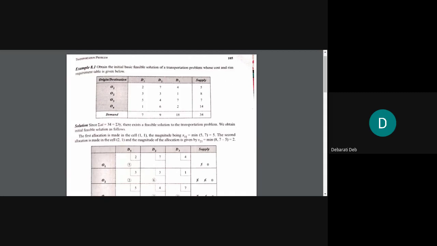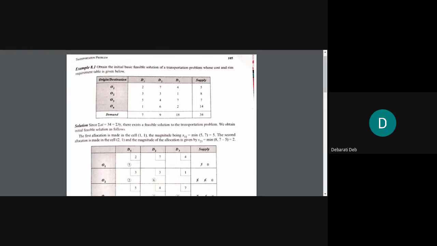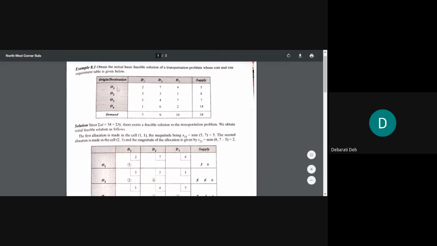Rim requirement means the requirements on the rim of the table. In this transportation problem, 4 origins are given. In the row side the origins are given, and in the column side the destinations are given. Rows are denoted by O1, O2, O3 and O4, and destinations by D1, D2 and D3.